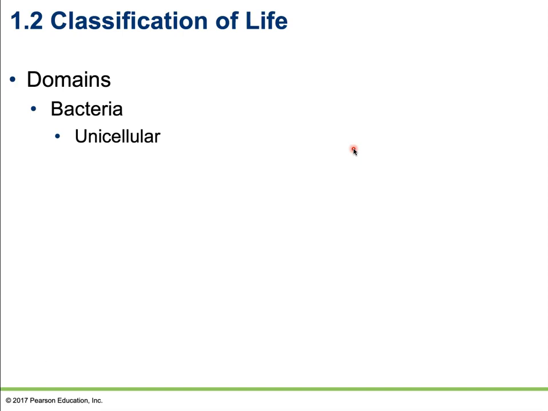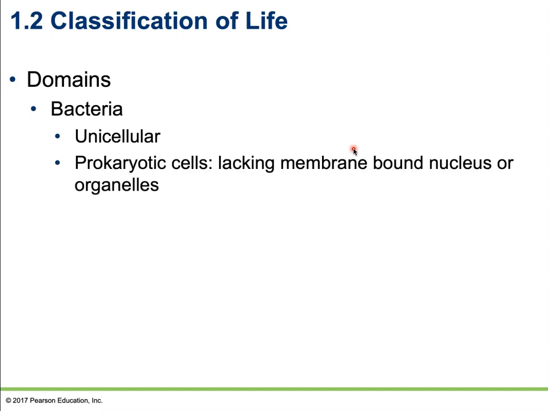But bacteria are going to be unicellular prokaryotic cells. Prokaryotic simply means that the cells are lacking a membrane-bound nucleus or membrane-bound organelles. And we're going to talk in great length about the difference between prokaryotic and eukaryotic cells. But for now, just understand that prokaryotic cells do not have a membrane-bound nucleus. They also don't have those little organelles.